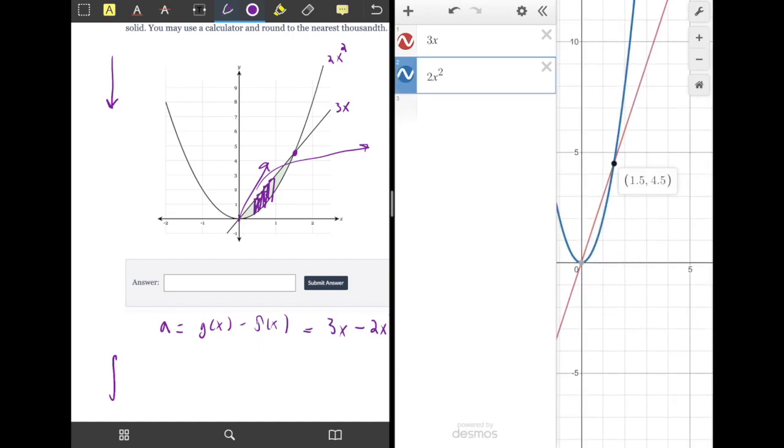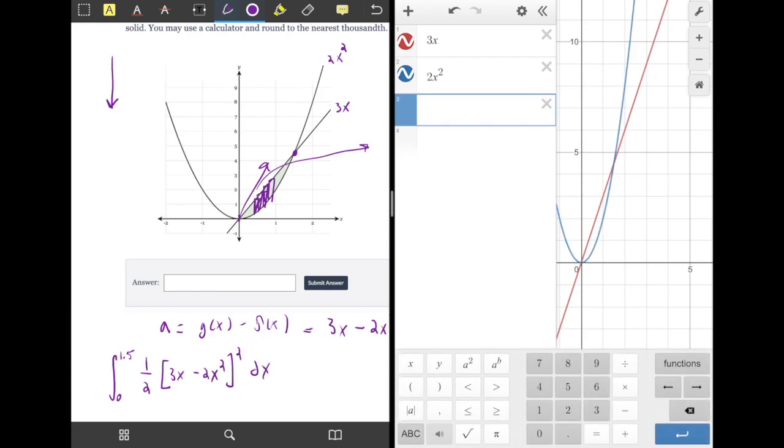We need to go up until 1.5. So from 0 to 1.5, we're going to be taking 1/2, and we can write this 1/2 on the inside. I kind of like to sometimes. 1/2 times the base, which will be g of x, which is 3x, minus f of x, which is 2x squared.